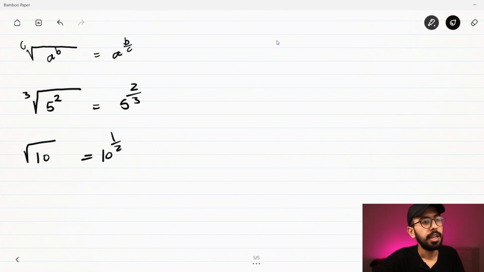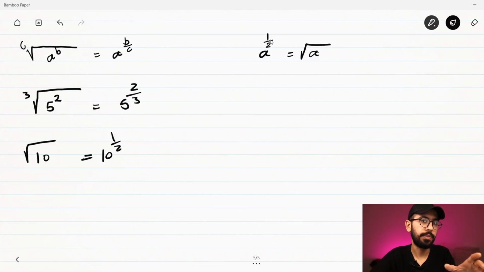So whenever you have a number or a variable that has a power of a half, that means it is like saying this number or variable has a root. And you can go on from this one.